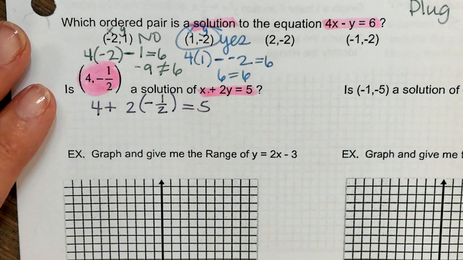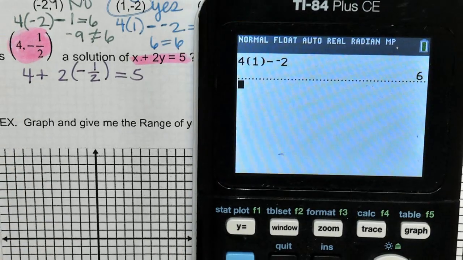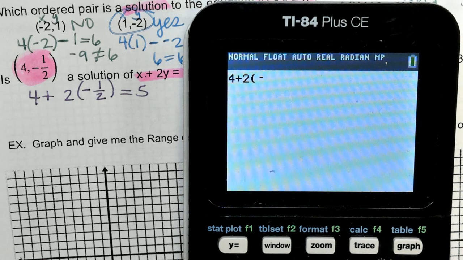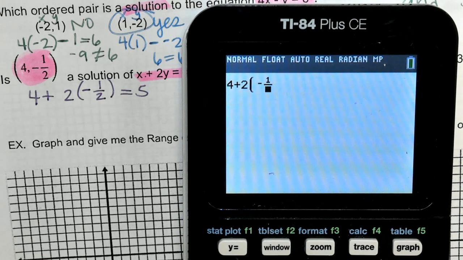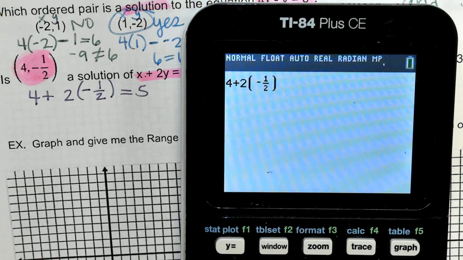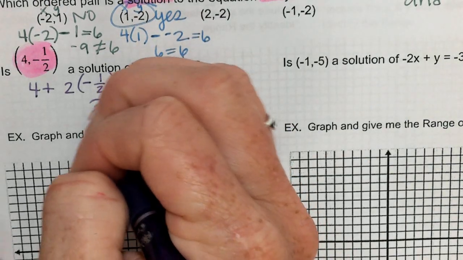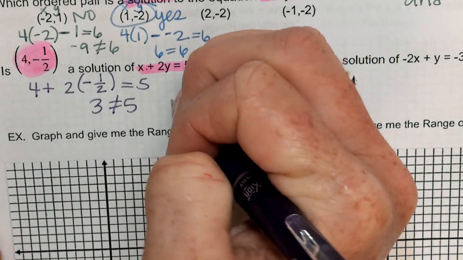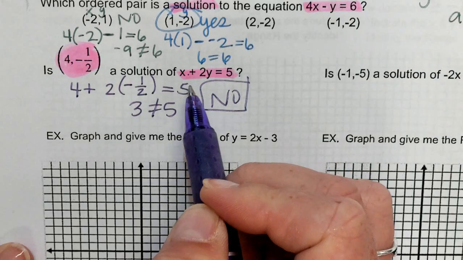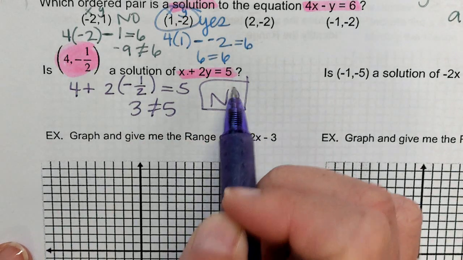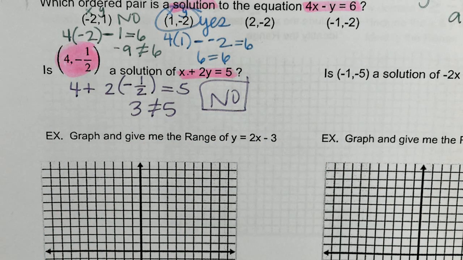Yes or no? Well, we got to go type it in. 4 plus 2 times negative 1/2. Is that equal to 5? No. 3 does not equal 5. So this is no. If I was to graph this line, that coordinate would absolutely not fall on the line.